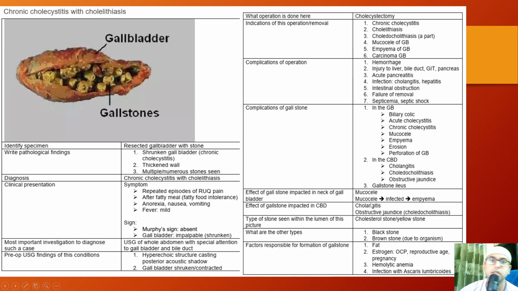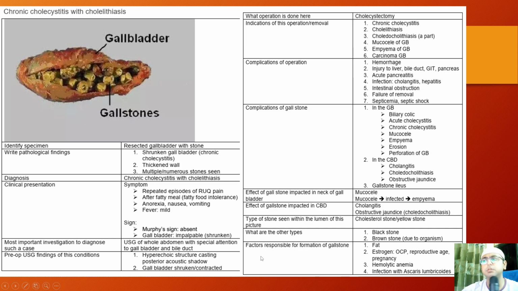First a stone is impacted in the gallbladder, then proper bile cannot be extracted, so it is accumulated and reabsorbed by the wall, and then it secretes clear fluid, and that is called mucocele. So when bacteria inoculate the mucocele, it can become empyema of the gallbladder. Okay, so mucocele infected, then empyema.